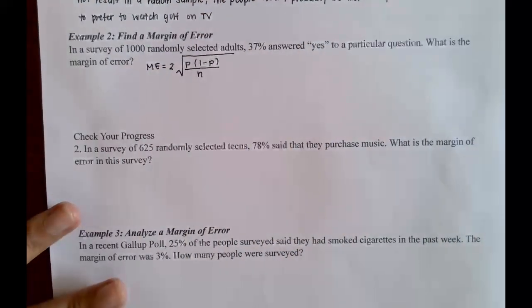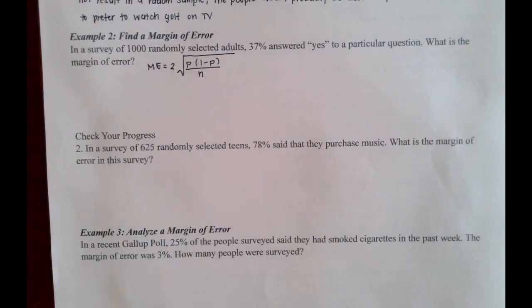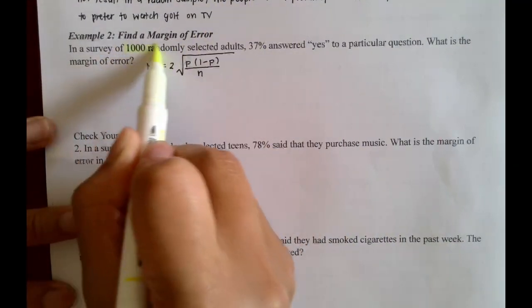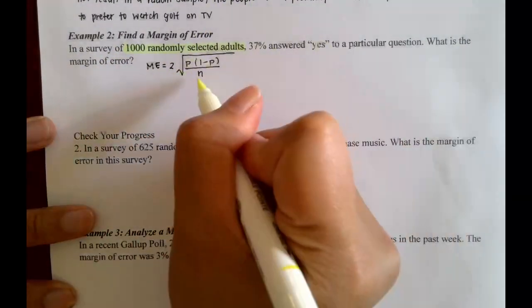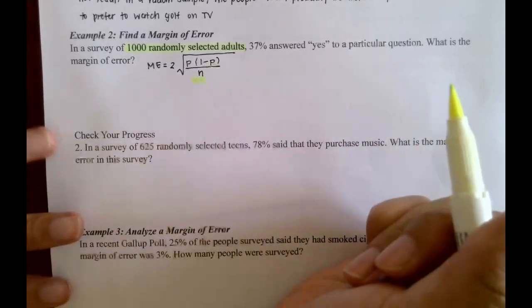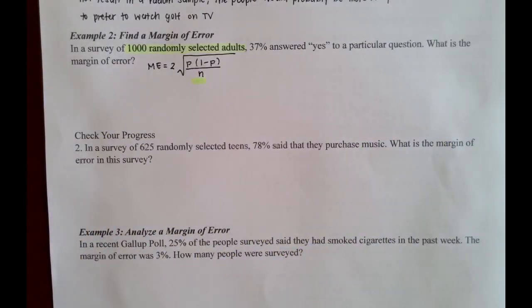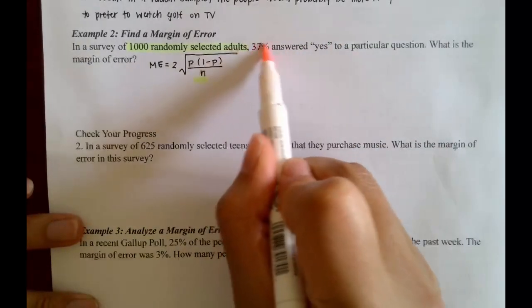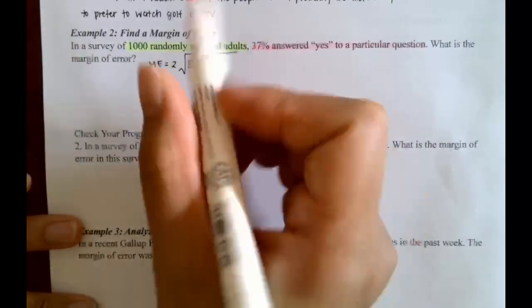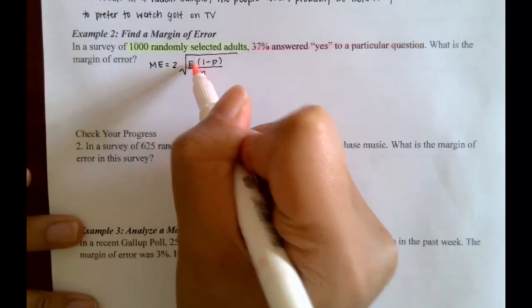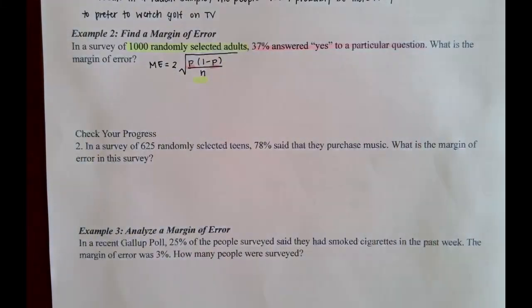So here, in this case, we're surveying 1,000 adults, so our sample size is going to be that 1,000 for N. And then since 37% answered yes, P, the percentage that responded in a certain way, will be 37%.